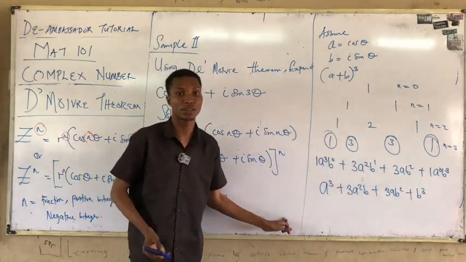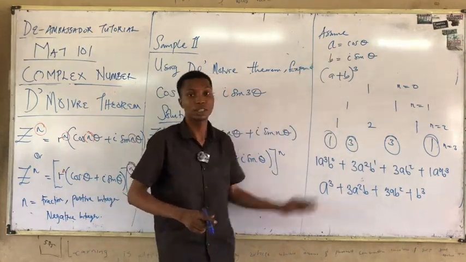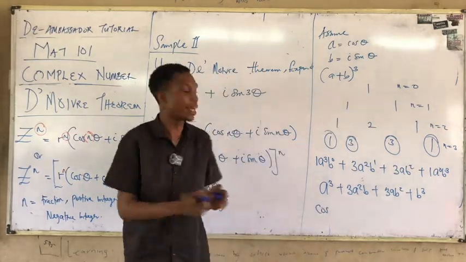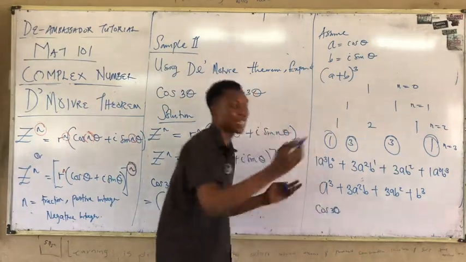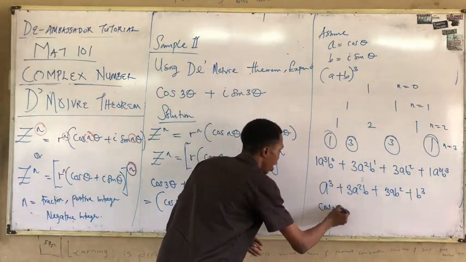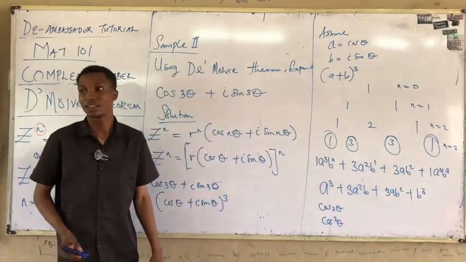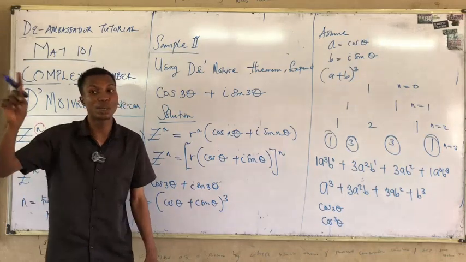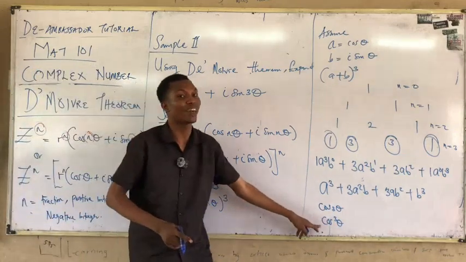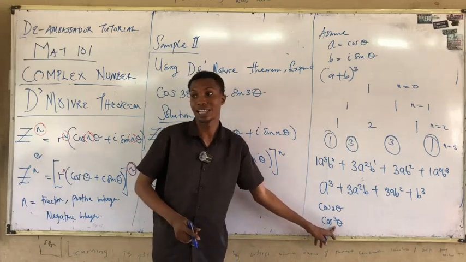Are you seeing it? Now the question is, return back the value of a and b. So what's our a? Now will it be cos 3 theta or cos cubed theta? Moivre is telling us this will be 3 theta, but the binomial expansion tells us it will be cubed theta. Exactly.